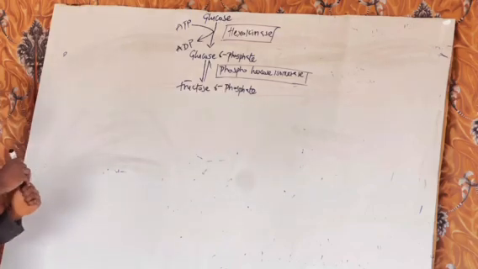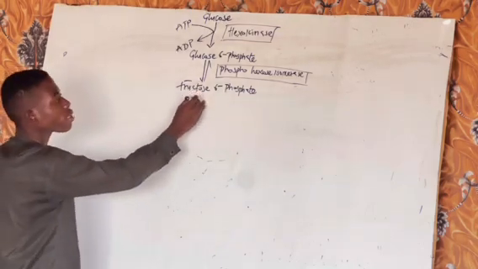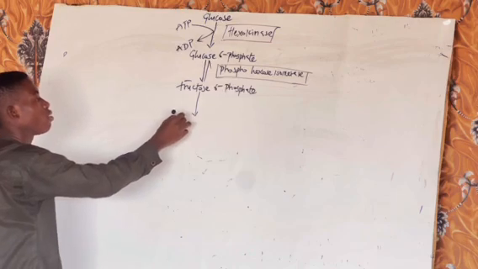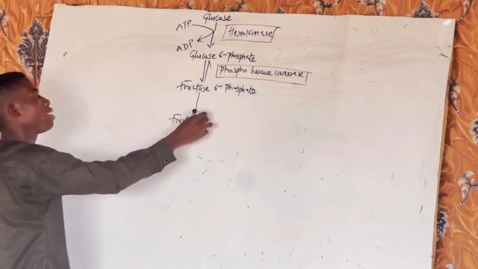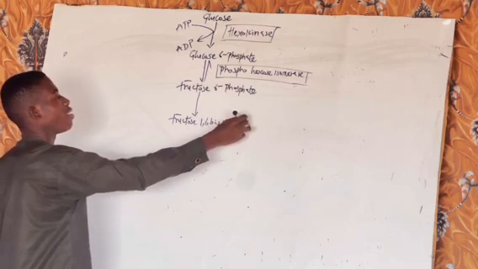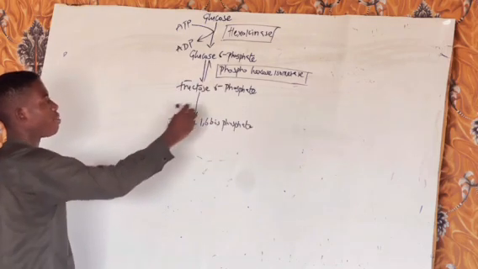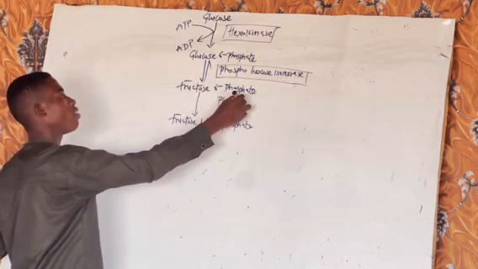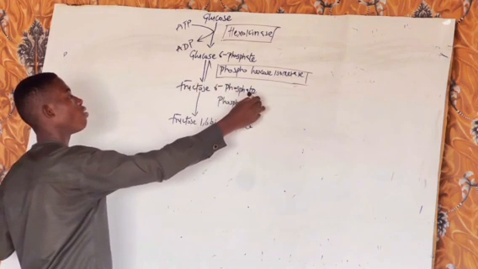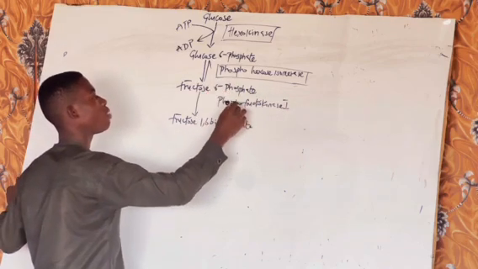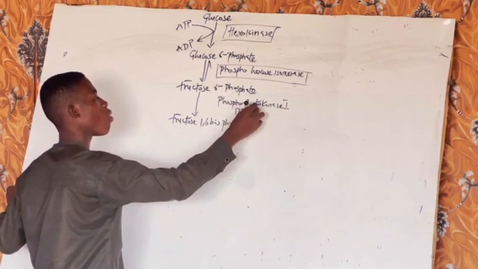In the third step, fructose 6-phosphate is converted to fructose 1,6-bisphosphate, and the enzyme is phosphofructokinase 1. We call it PFK1.